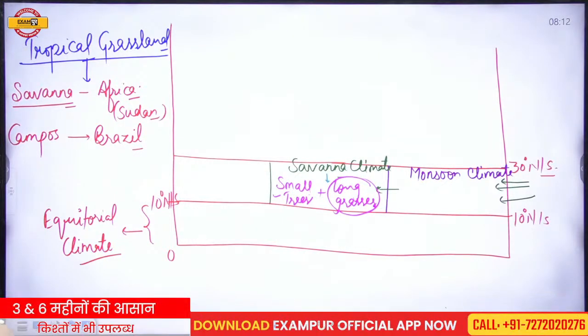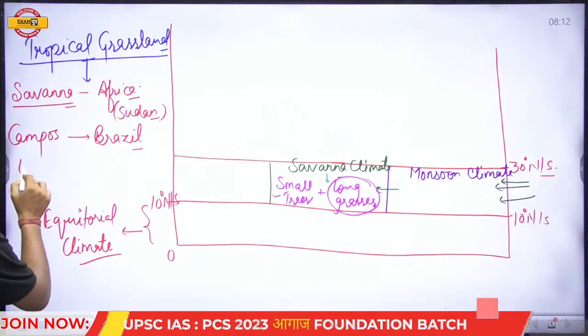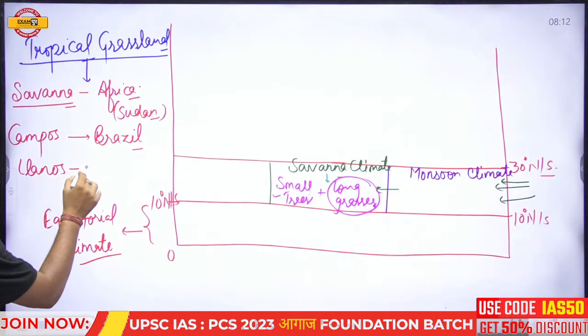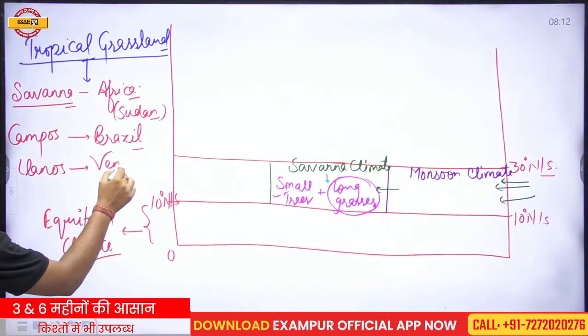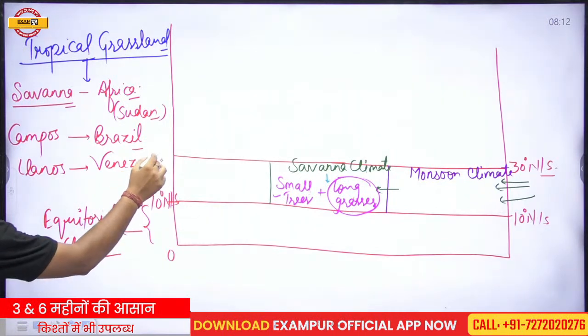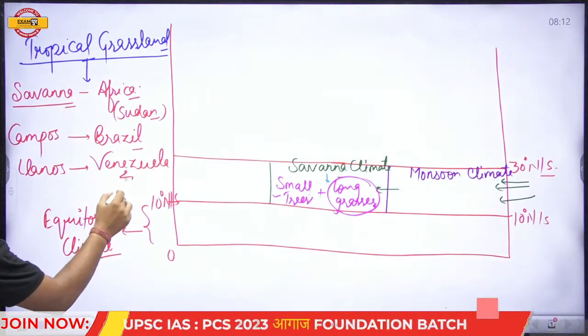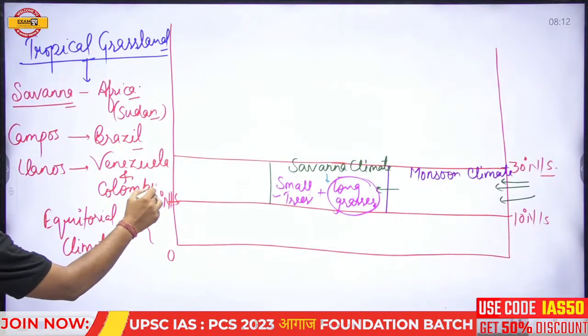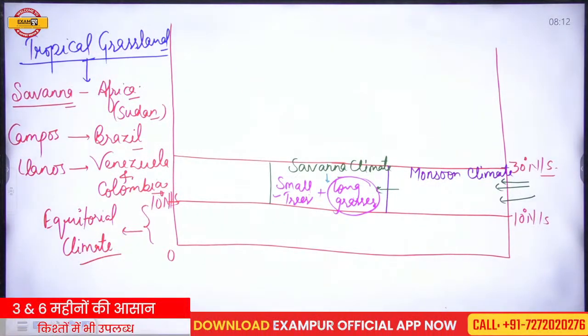So savanna, Campos, and another grassland called the Llanos. This is the grassland found in the Venezuela region. In Venezuela and Colombia, this type of tropical grassland is called the Llanos.